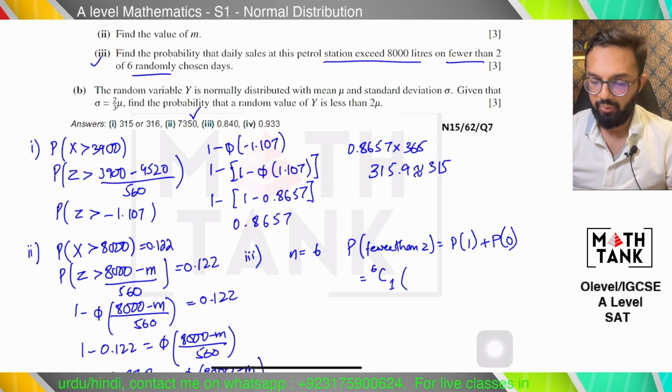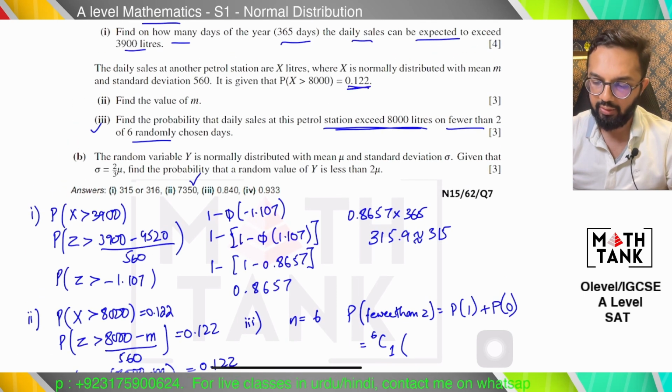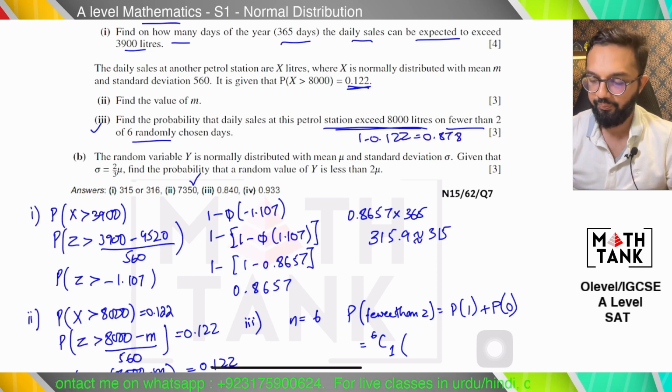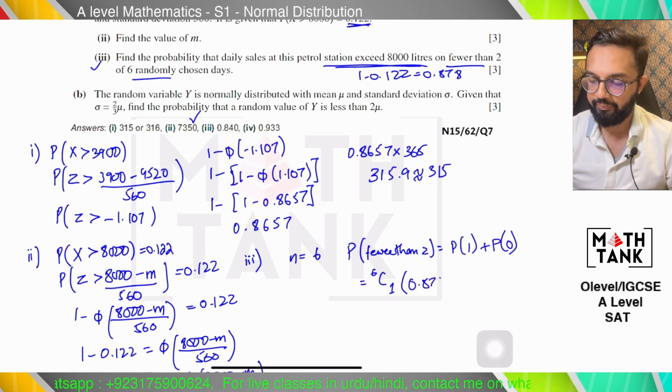Okay, now q. What is my success? Exceeding 8,000 liters. Exceeding 8,000 liters is 0.122. So my failure is 1 minus 0.122, which is 0.878. 6C1, 0.878 power 6 minus 1, 0.122 power 1.